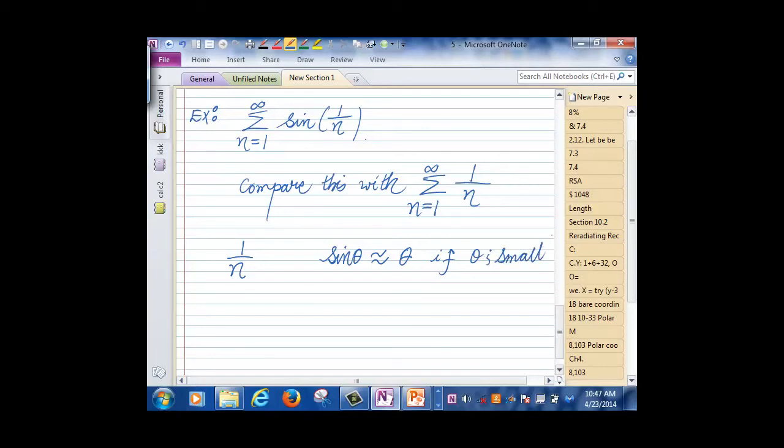If theta is a very small angle, then sine of theta is about the same as the value of theta, the radian measure. Is that making sense?